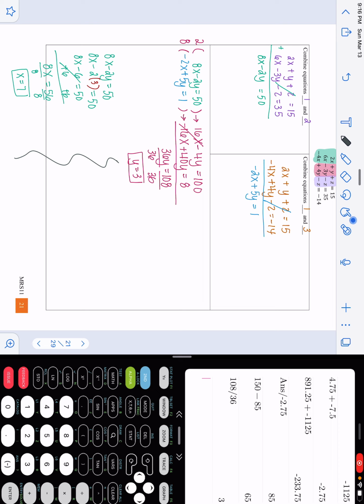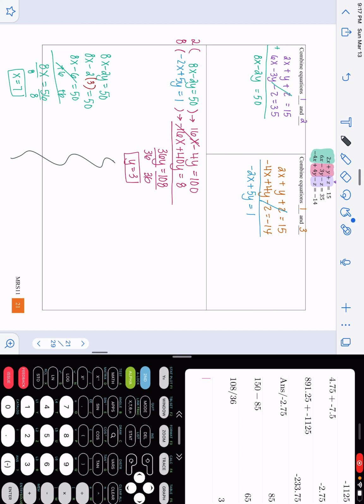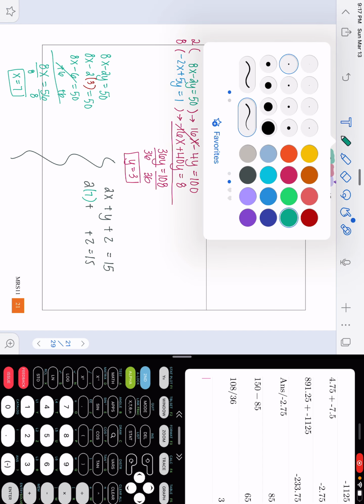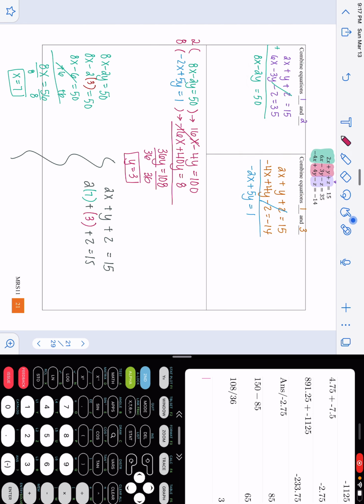We need to go back to one of the original equations. So one of those big equations on top. I'm going to choose that first one because all the numbers look positive, which was 2x plus y plus z equals 15. Okay? Let's see. Our x was 7, and our y was 3.